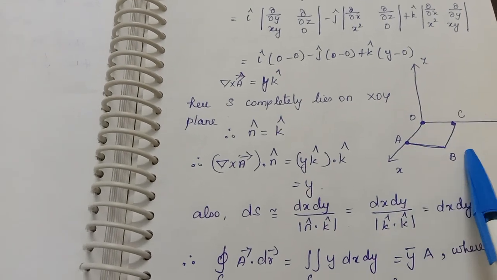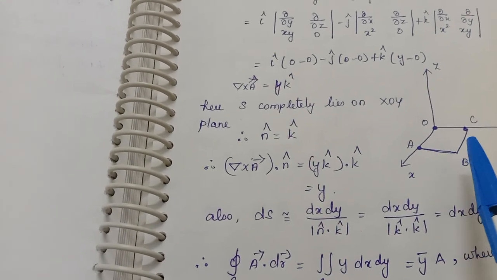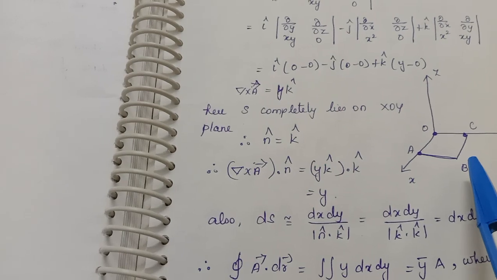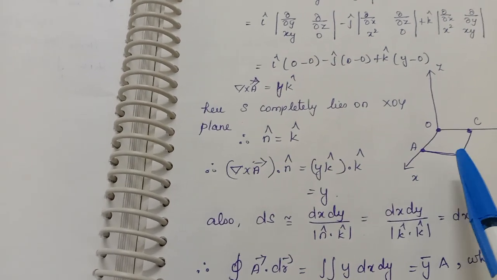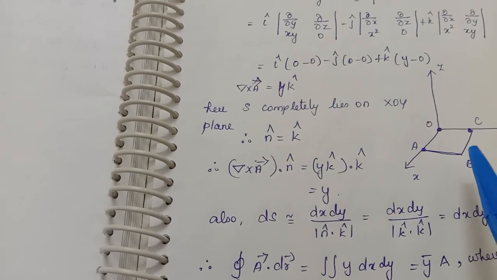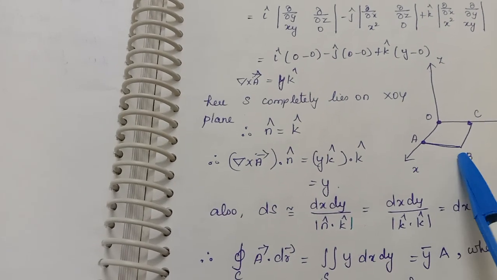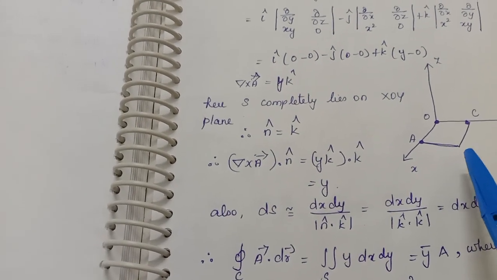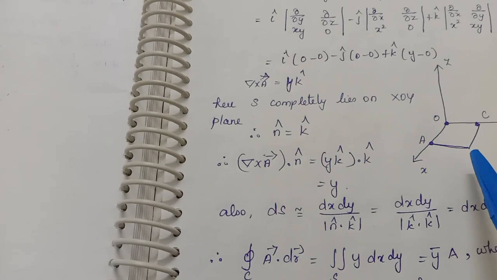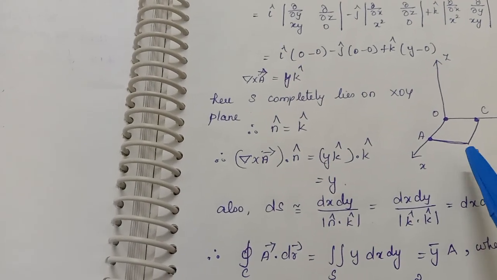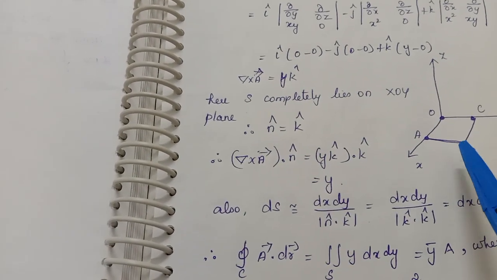Usually for plane areas like this, square, rectangle, cube, cuboid, if anything is given like that, you need not find del phi by modulus del phi. Just look at the plane where it is lying. For that plane, you will have a standard unit normal, either i, j or k. That one alone you have to take.